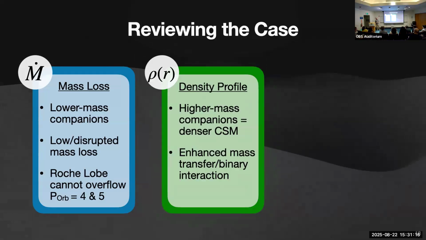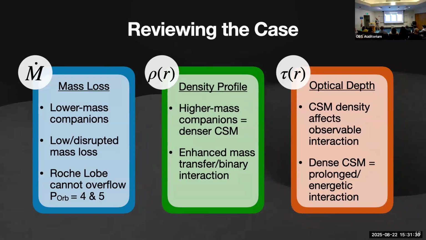On the other hand, when we do have higher mass companions, we see an enhanced mass loss, that's due to, excuse me, an interaction. Contemplate how we would observe all this using the optical depth idea. We have circumstellar material density actually affecting the observable interaction with more.